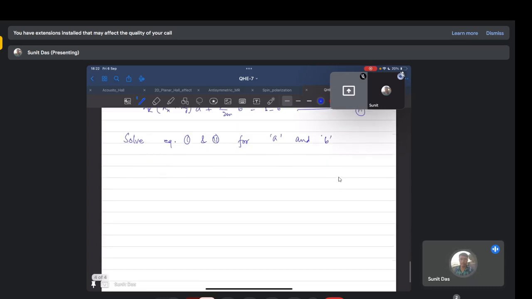This was the first process, and the second process is we need a square plus b square equal to 1. This is called normalization.